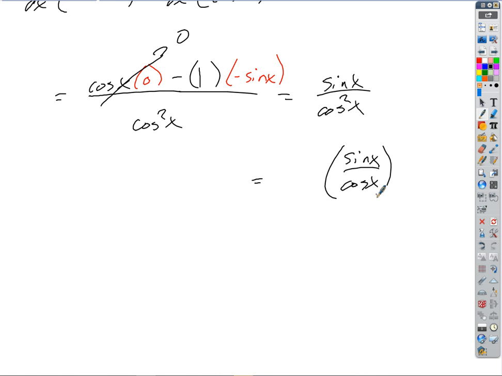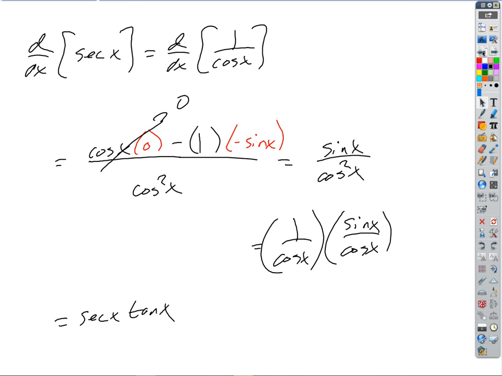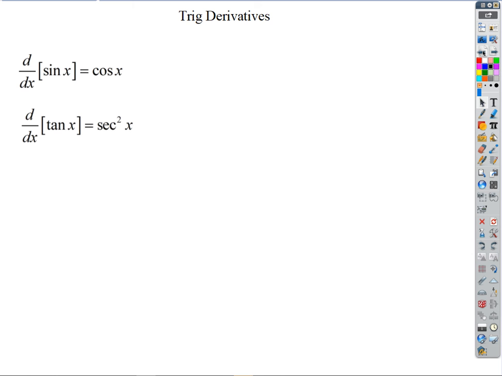Just a 1 on the top and a cosine on the bottom? Everybody agree? What's sine over cosine? What's 1 over cosine? There you go. So we got another one we can add.